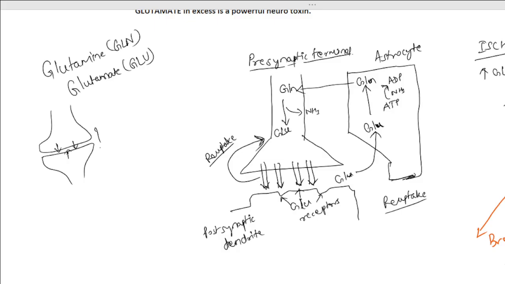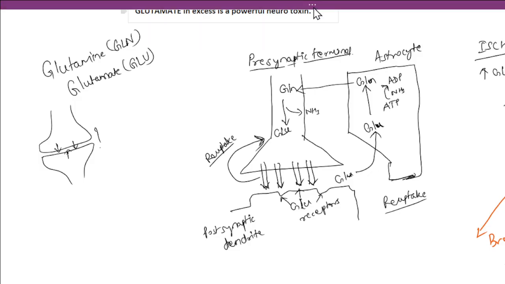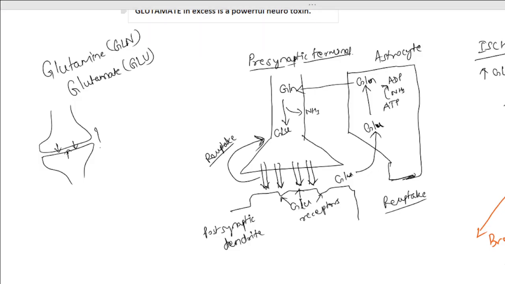So this is what is happening and causing the, tell me, it will cause the phospholipid to come into the picture.